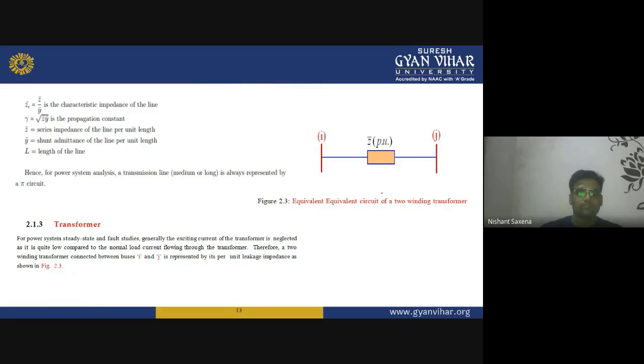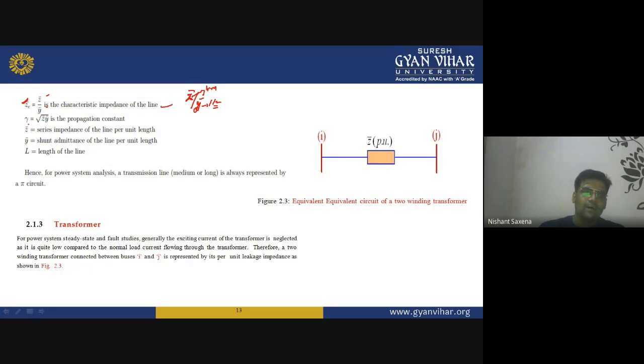It is equal to the square root of Z bar upon Y bar, where Z bar is the impedance per unit length and Y bar is the admittance per unit length, per kilometer. These are the two things, and Z_C is your characteristic impedance.